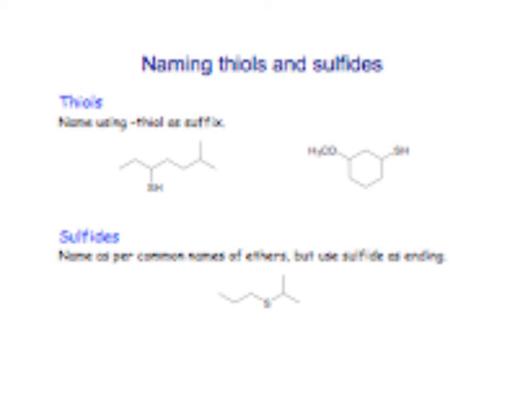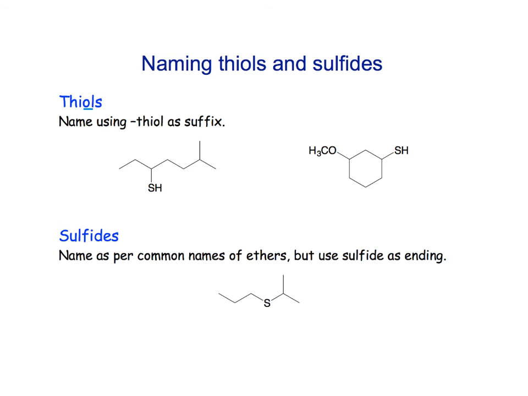The last two functional groups we're going to look at here are sulfur analogs of the alcohol. So a thiol is like a sulfur alcohol. And a sulfide is also sometimes called a thioether, and that gives you its related functional group.